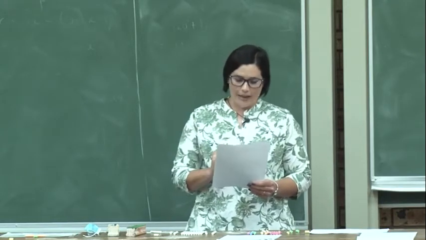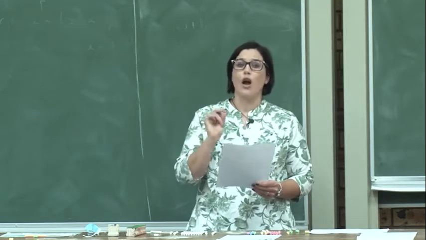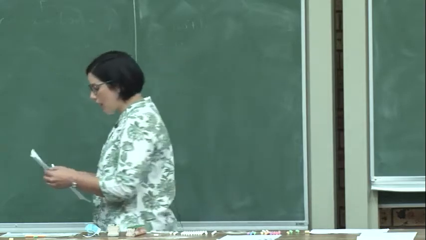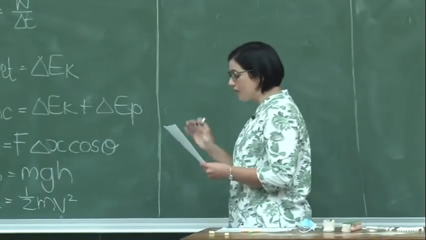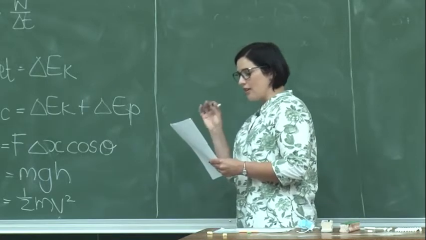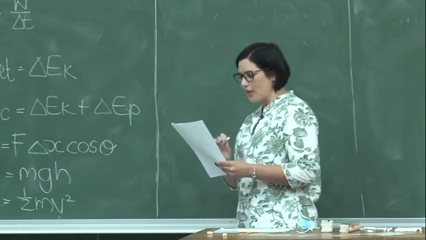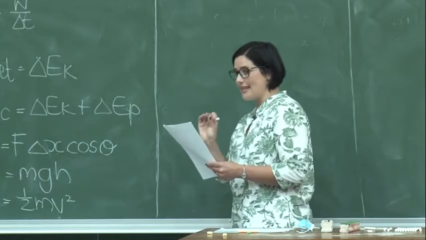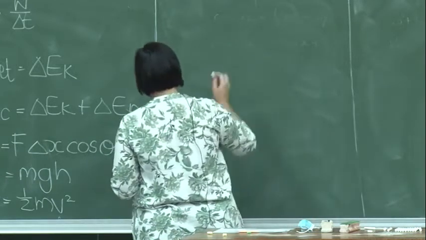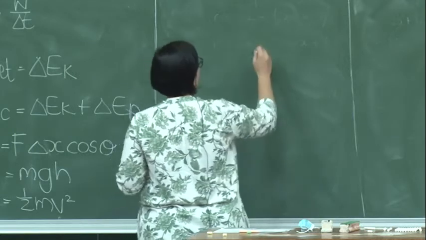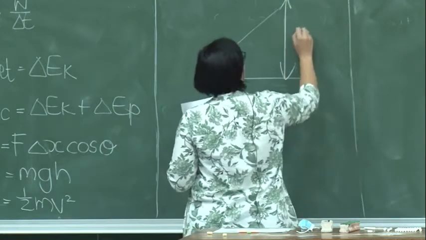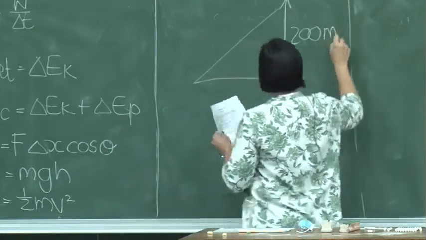At point A, at the bottom of a rough incline, point B is 200 meters vertically above the horizontal. The total work done by force F that moves the vehicle from point A to point B in 90 seconds is 4,8 times 10 to the power of 6 joules. So, this height is 200 meters.